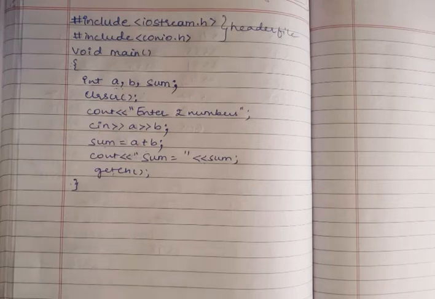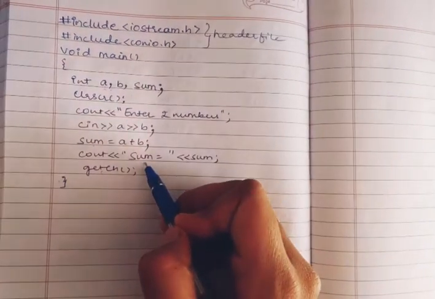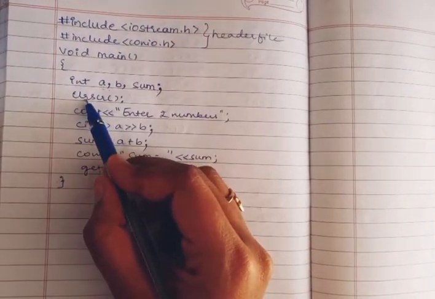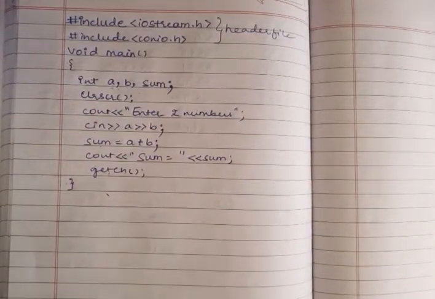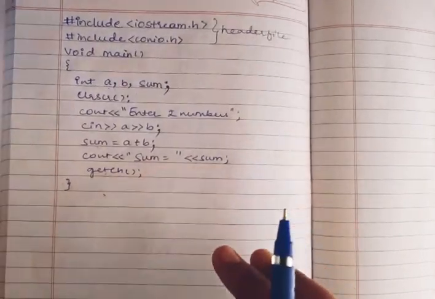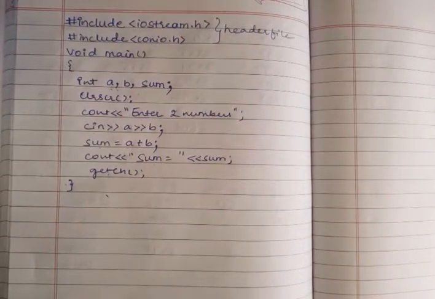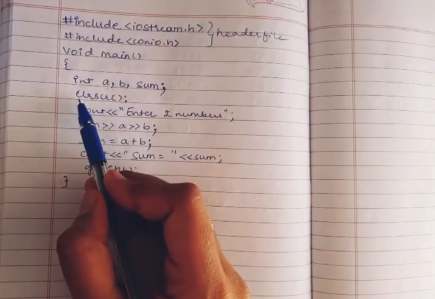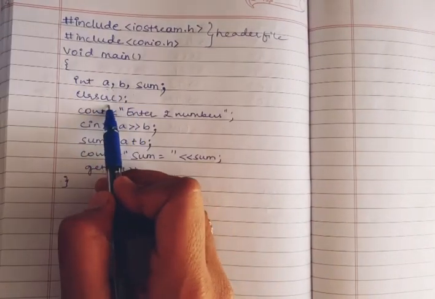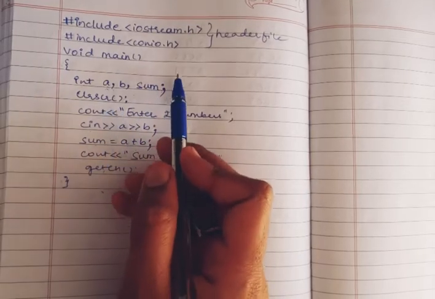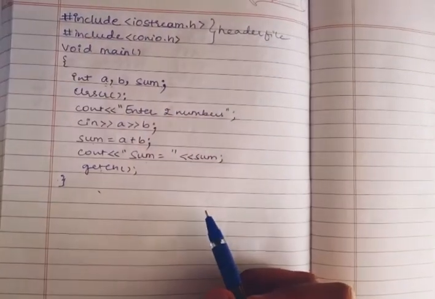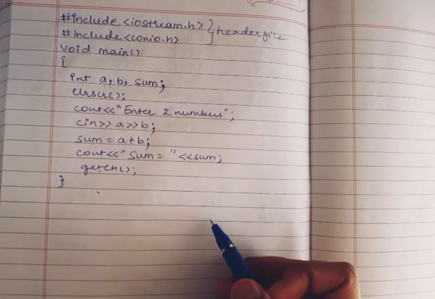Suppose I want to get the output of the present program and I have not included the clear screen function, then there is a chance of getting the previous output along with the present output. It looks messy. To avoid that, we include the clear screen function, so that we get only the present output without the previous outputs.